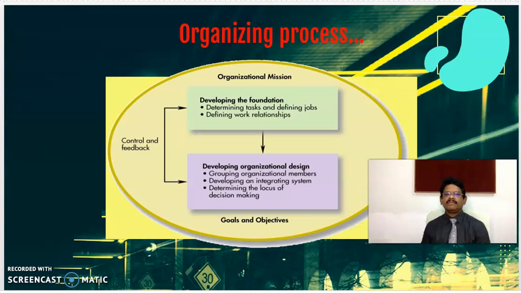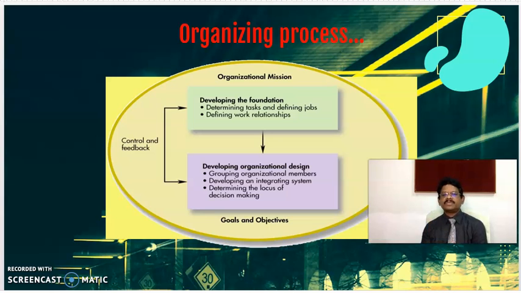Developing the foundation starts from determining tasks, then defining each and every job, and then defining the work relationships among all the jobs and tasks. How they are related to each other, who is working under whom: their reporting relationships are all very clearly specified here.